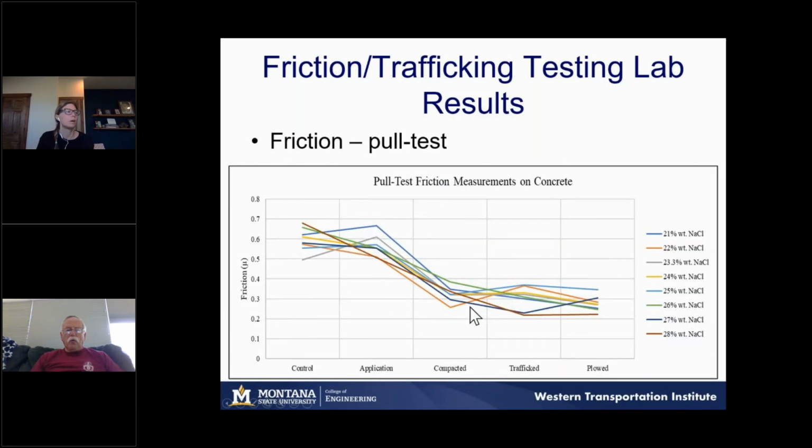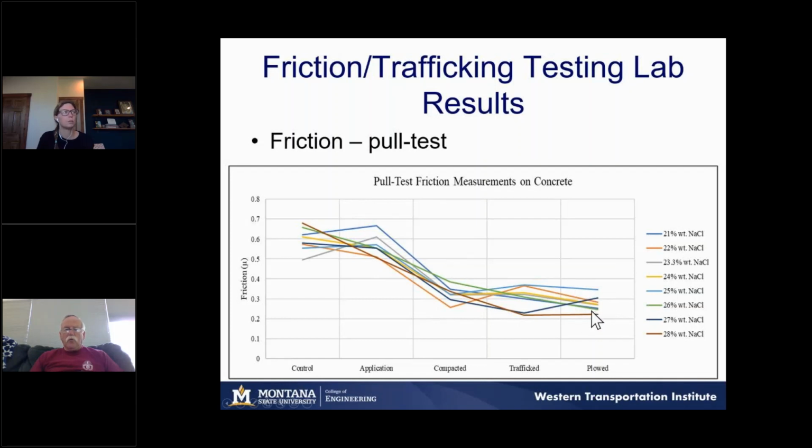Once we put the snow on and compacted it, friction values dropped because you're measuring friction from that compacted snow surface. We trafficked the snow, so we ran the tires over it, and you can see here for some samples friction was lower, and for some, friction was higher than the compacted. And then once the material was plowed off, and it's the snowy residual on the pavement surface, we measured friction again, and that's what this plowed value is.